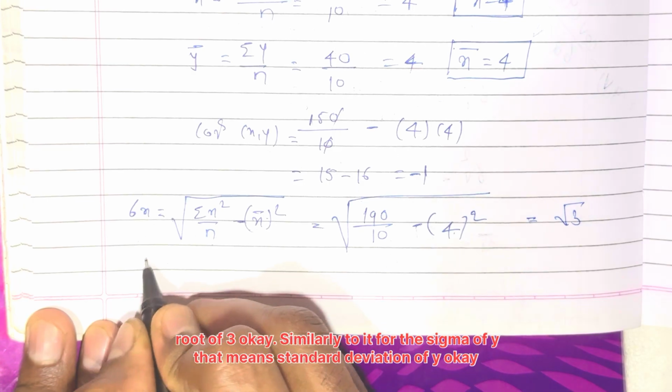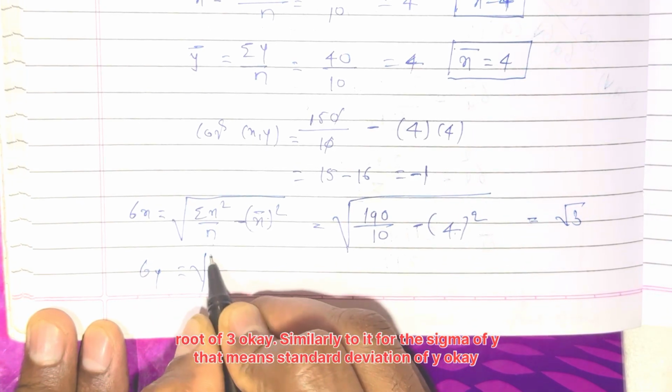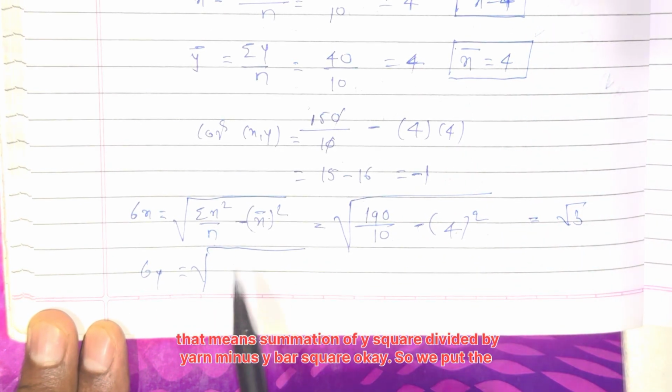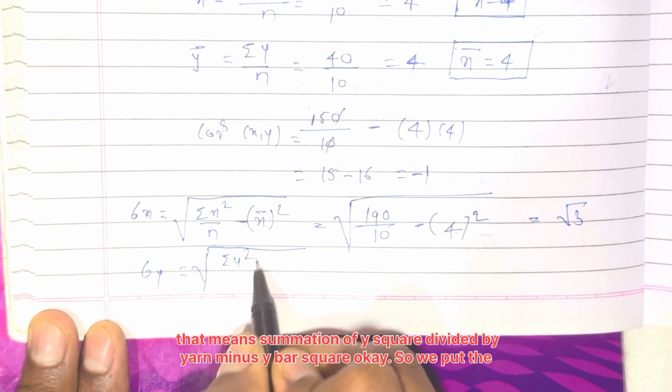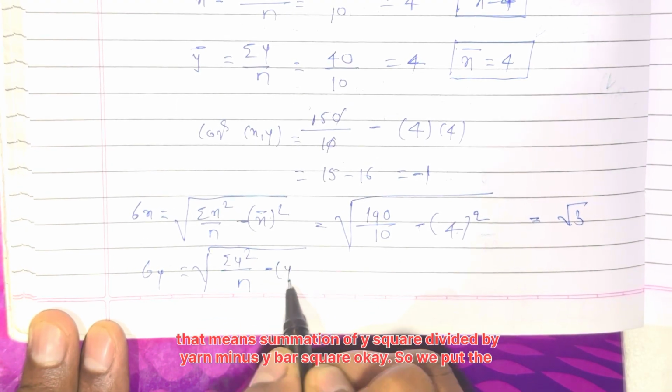Similarly do it for sigma of y, that means the standard deviation of y: summation of y square divided by n minus y bar square.